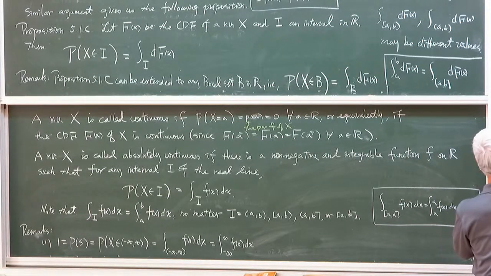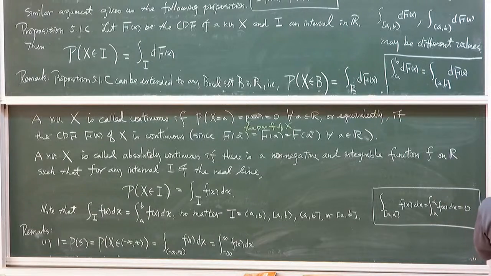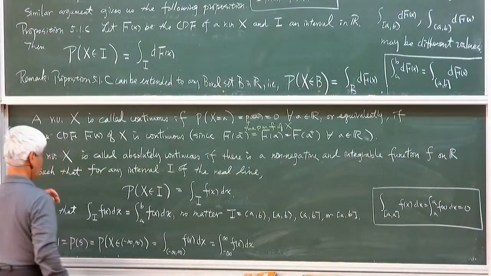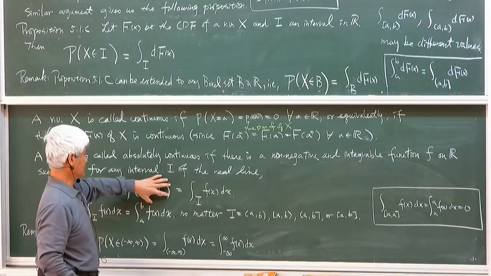Second, the function f is called a probability density function, called PDF, of X. So you may think about probability like a mass, right?